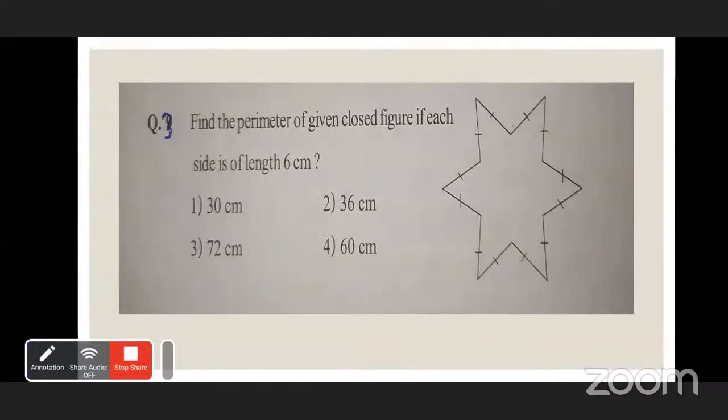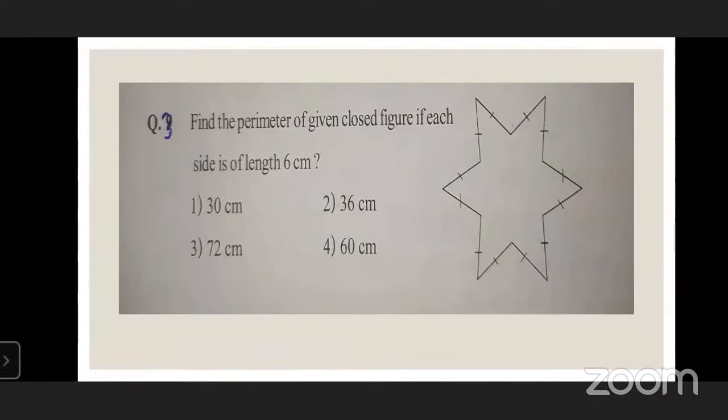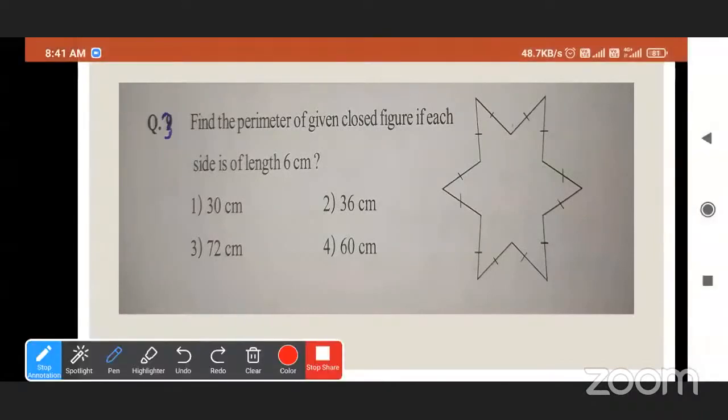Okay, find the perimeter of given closed figure. Each side of length is 6 centimeter. So all the sides are 6 centimeter only. So what is the perimeter of this figure? First of all, count the sides. 1, 2, 3, 4, 5, 6, 7, 8, 9, 10, 11, 12.